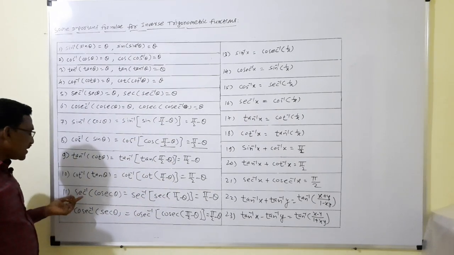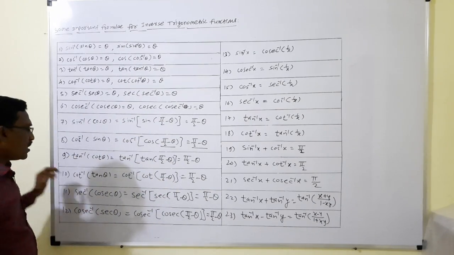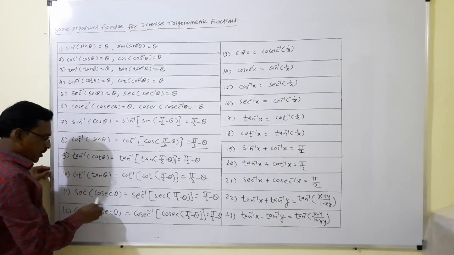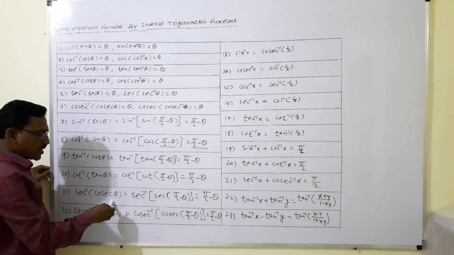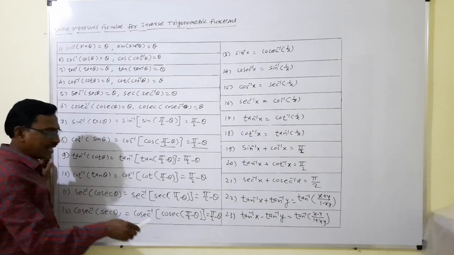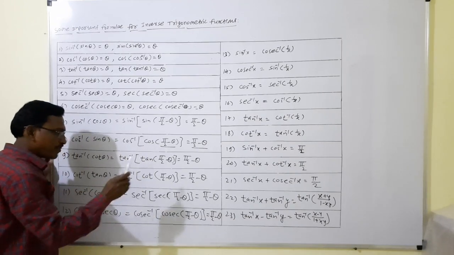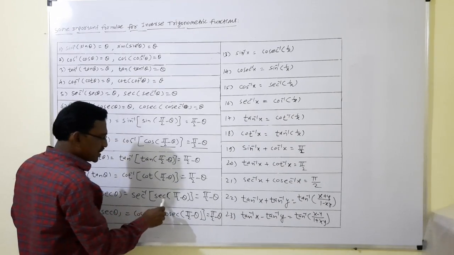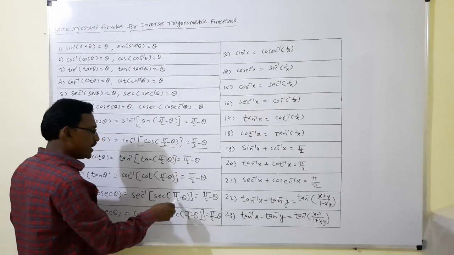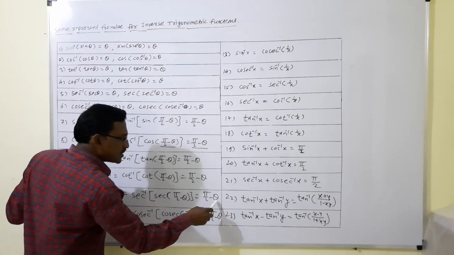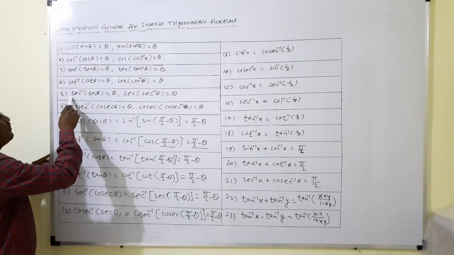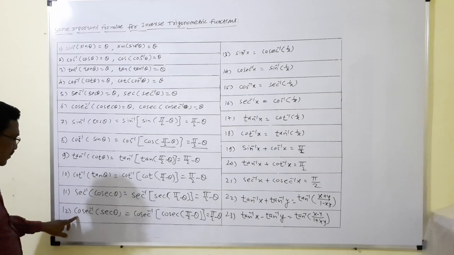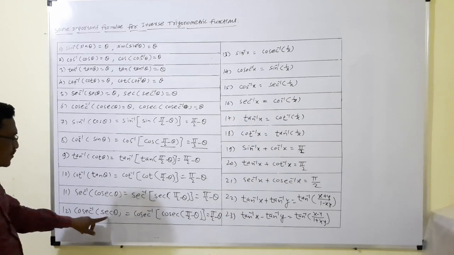Same way, sec inverse of cosec theta. Again we have to convert this cosec into sec by using allied angle pi by 2 minus theta, and so it is sec inverse of sec of pi by 2 minus theta. It is only the angle pi by 2 minus theta, by using this fifth formula. Now 12th number, cosec inverse of sec theta.